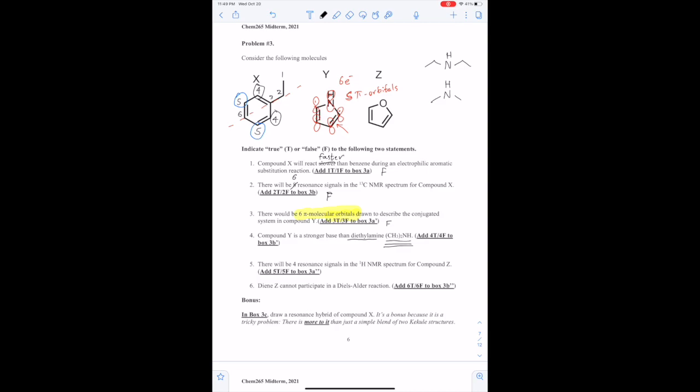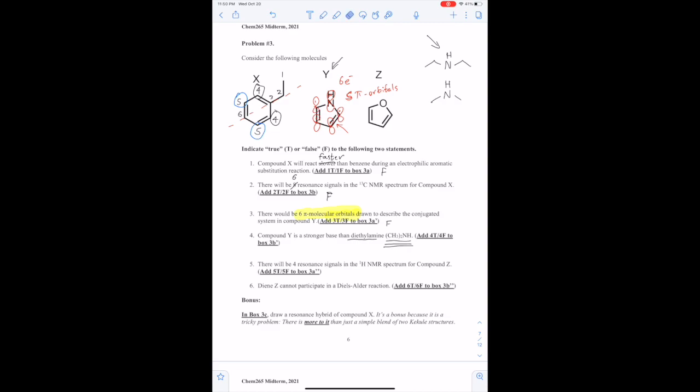So if something is a stronger base, it would mean that it is less stable. A stronger base would want to react more fiercely than a weaker base, so it's less stable. It doesn't like where it's at, it wants to become a conjugate acid. So the statement is saying that Y is less stable than either of these two. It doesn't matter which one we're talking about.